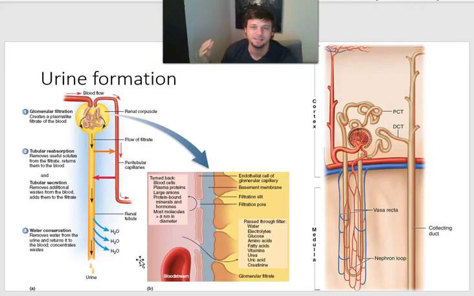What angiotensin does is it constricts your blood vessels, and we'll talk about this more, especially when we get to antihypertensives. So if you have low blood pressure, you're going to release renin, which causes angiotensin, which causes your blood vessels to constrict, which is going to increase your blood pressure, right?